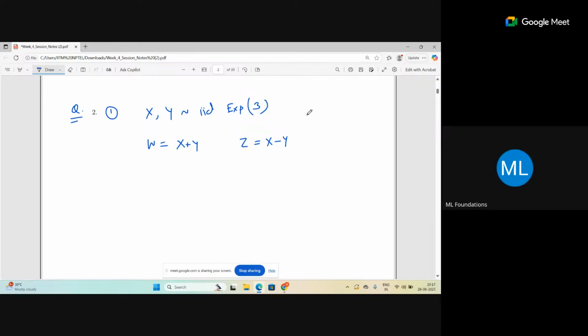The question is, find the joint density of w and z given this information.